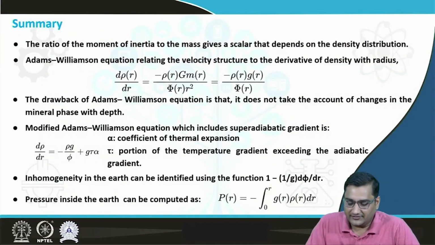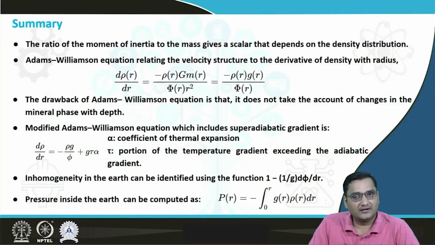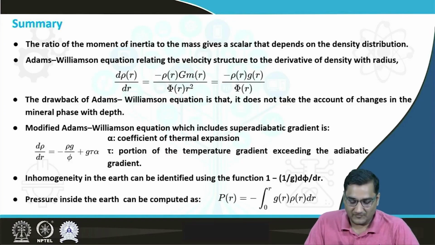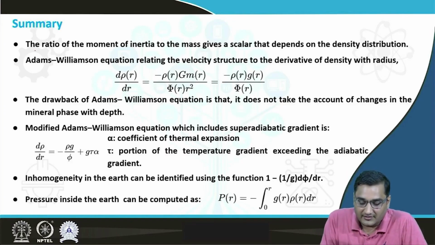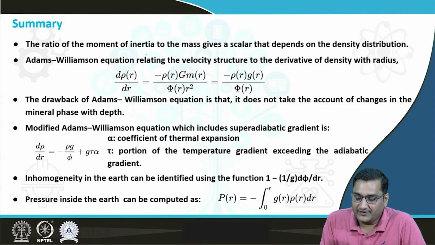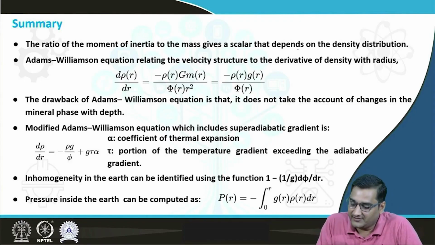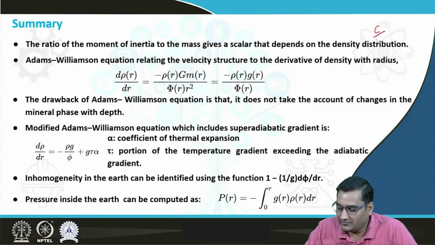So this is the summary of what we have learnt in today's lecture as well as in the previous lectures. The ratio of the moment of inertia to the mass gives a scalar that depends upon the density distribution. If you remember, we talked about C over Ma squared.